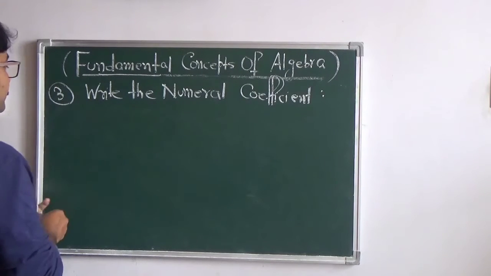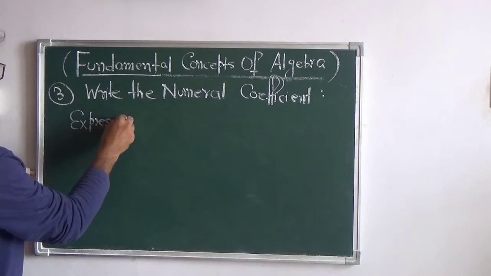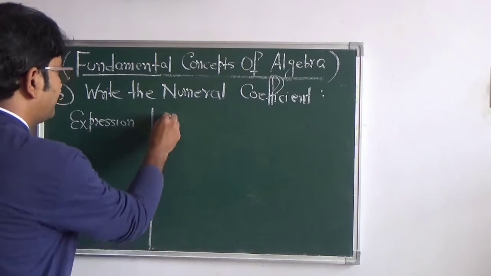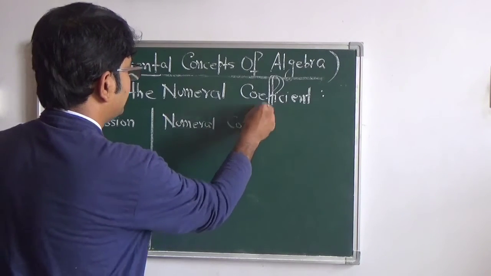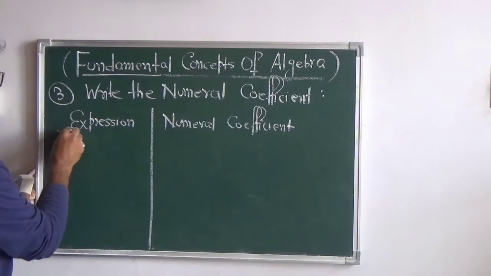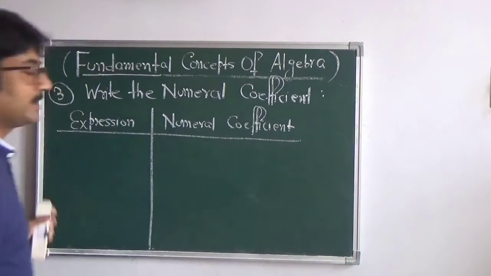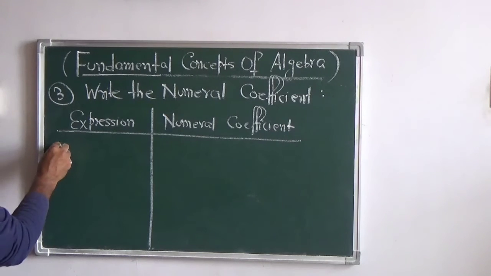let me do it in tabular form, expression, and this is numeral coefficient. If we talk about the numeral coefficients, the first is minus 3x square y.